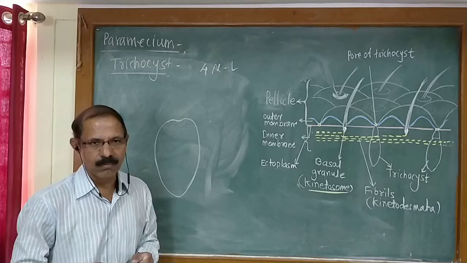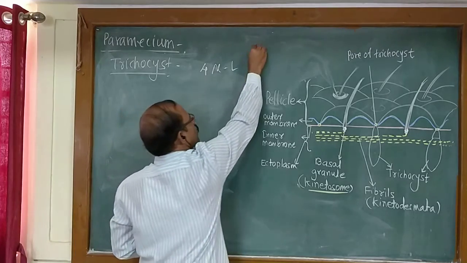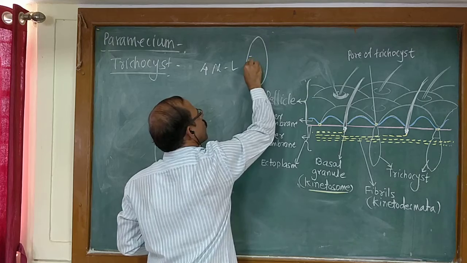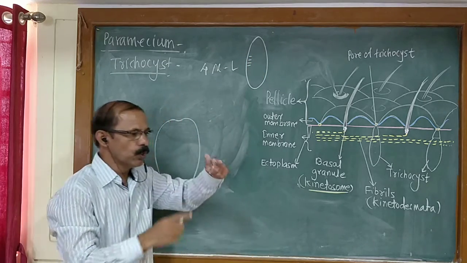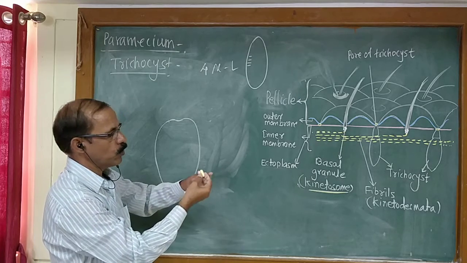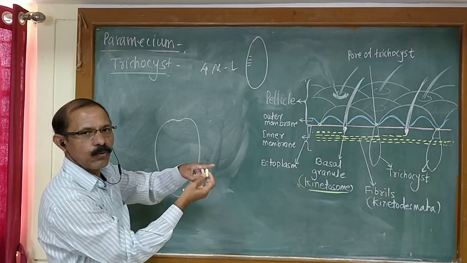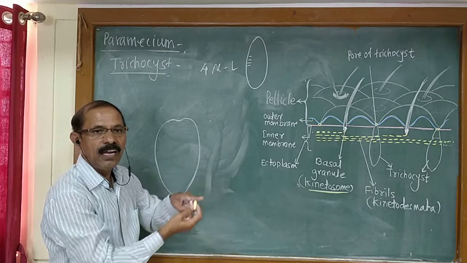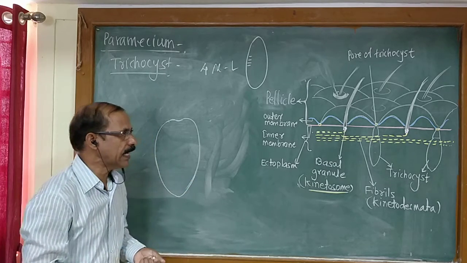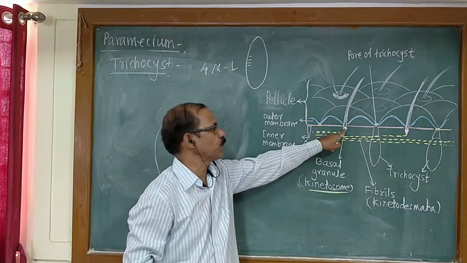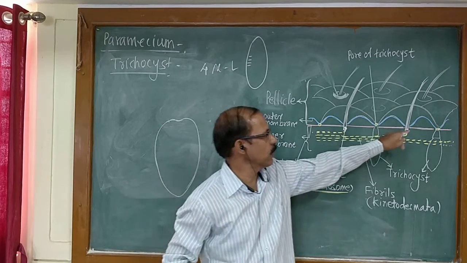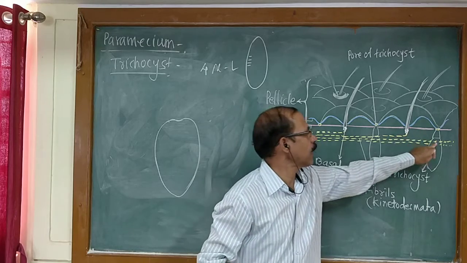Right angle means below the pellicle. Suppose this is the pellicle and these are the trichocysts. They are present at right angle to the body surface, alternate to the kinetosome: basal body of cilia, trichocyst, again basal body of cilia, trichocyst.